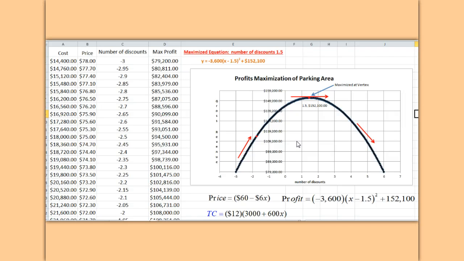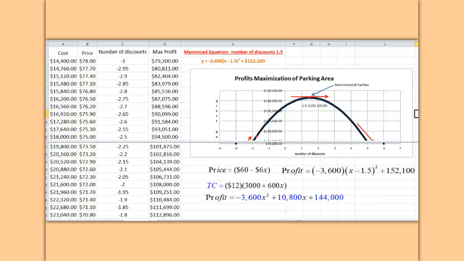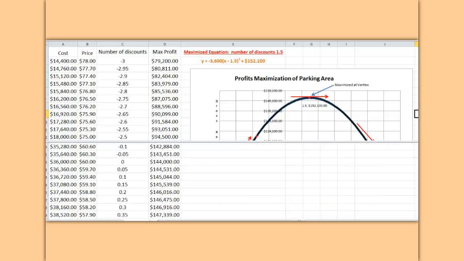Then, once you pass the vertex, let me bring that back here for you again. Once you pass the vertex where you're maximized, and you go on the right-hand side of the parabola, your cost continues to increase and your maximum profits begin to decrease.